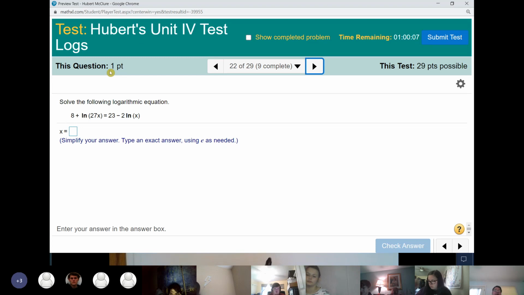Remember us doing this in the classroom the other day? I told you to get all your numbers on one side and all the logs on the other.